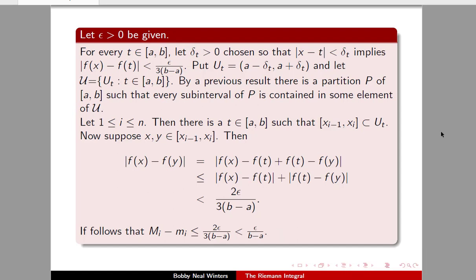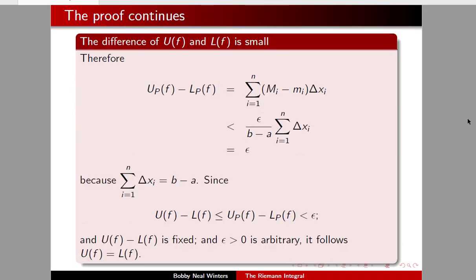All right, we can take this and go to the next slide and calculate the difference between U of f and L of f. We can calculate U_P of f minus L_P of f just by taking the difference in the obvious way. Just roll in the definition, do our arithmetic.